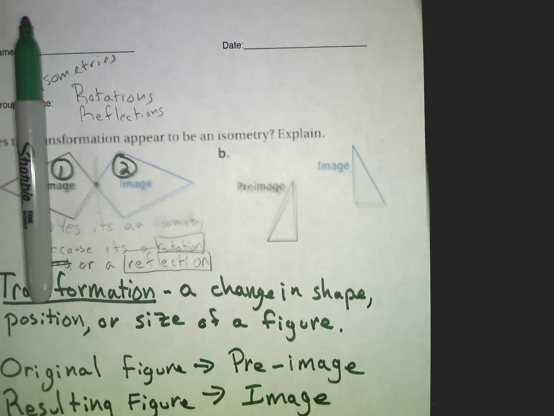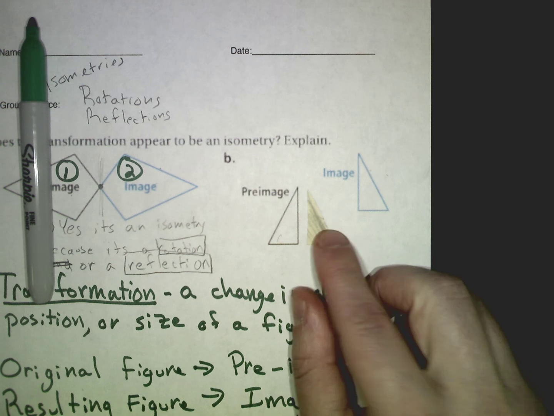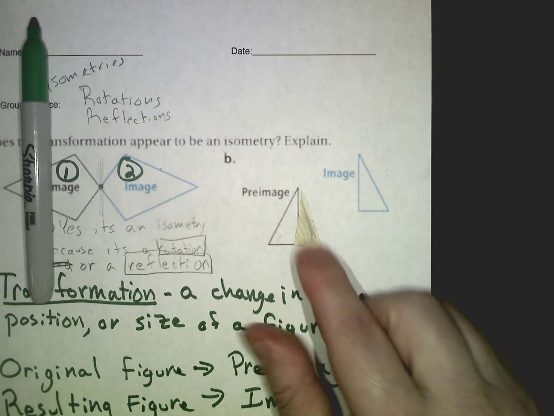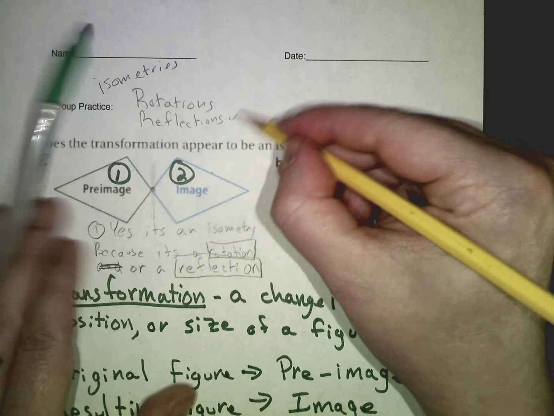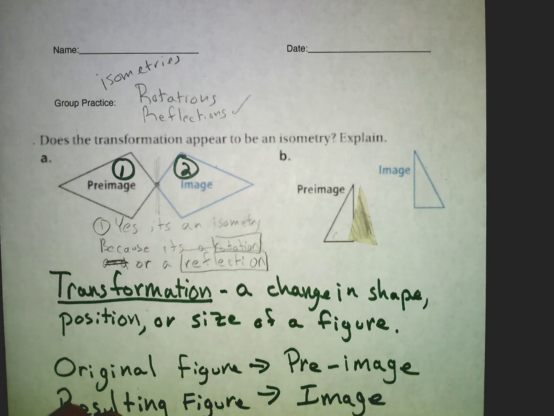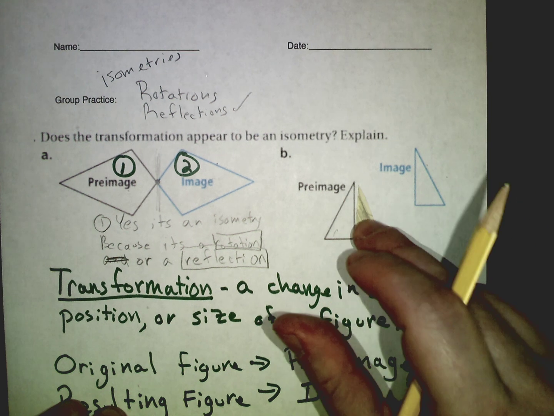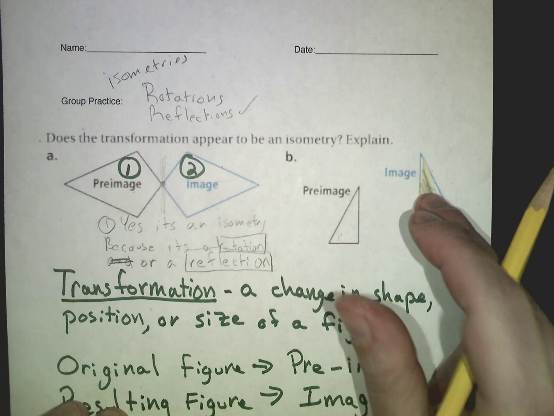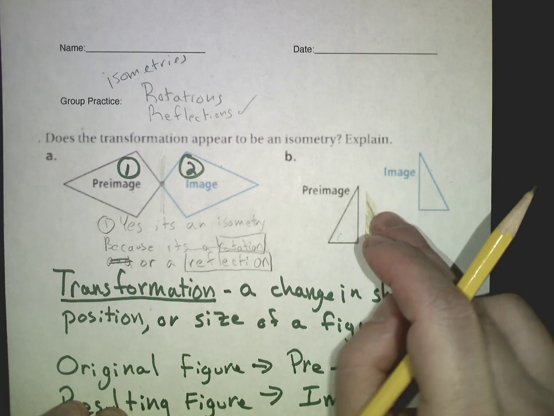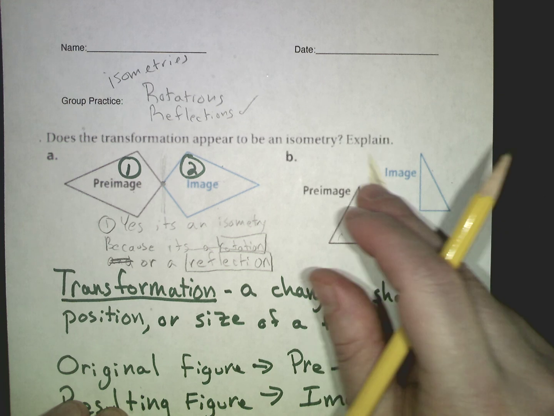Could I have reflected? Well, if I reflected, I would have just taken this thing and flipped it over and I would have had something like that. Well, that kind of looks like it. So part of it's a reflection, but it's also something else. To get it here, I would have to go up and I would have to go across. Think about it. So after I flipped it, I have to go up and go across.